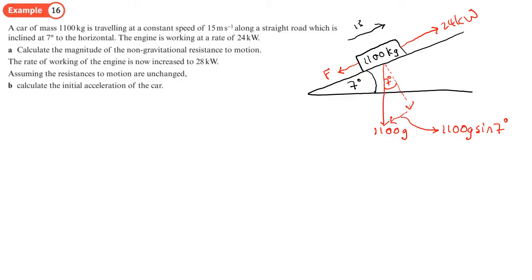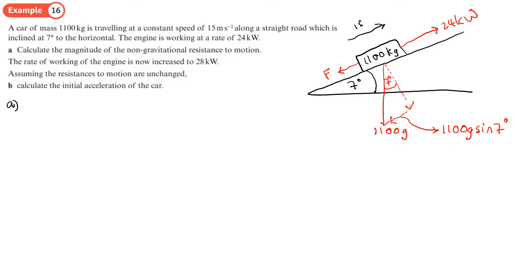Now, since it's traveling at a constant speed, that means the resultant force is 0. So the 24 kilowatts changed to a force, and F and this component here, they're going to be balanced. So what does that mean?